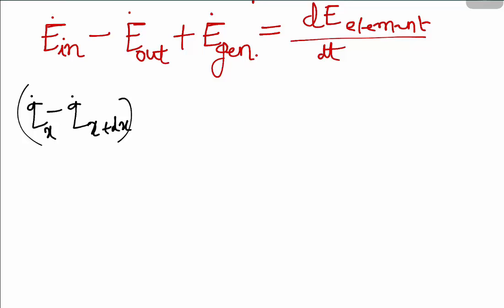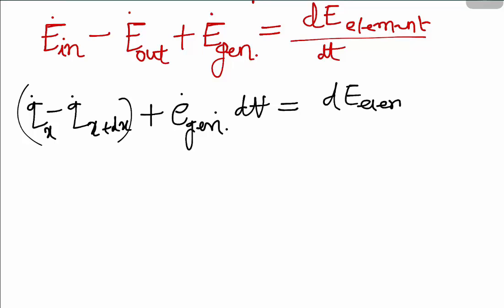Similarly, we can also write y components also, plus E dot generation into dV, which is equal to dE element by dt.